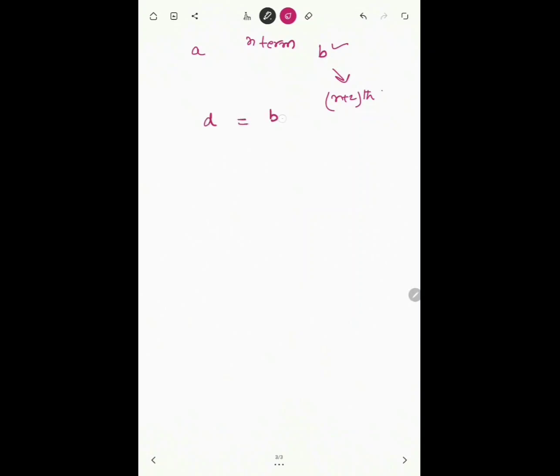D is B minus A upon, total number of terms is n plus 2, and denominator is total number minus 1, so n plus 2 minus 1, which is n plus 1.